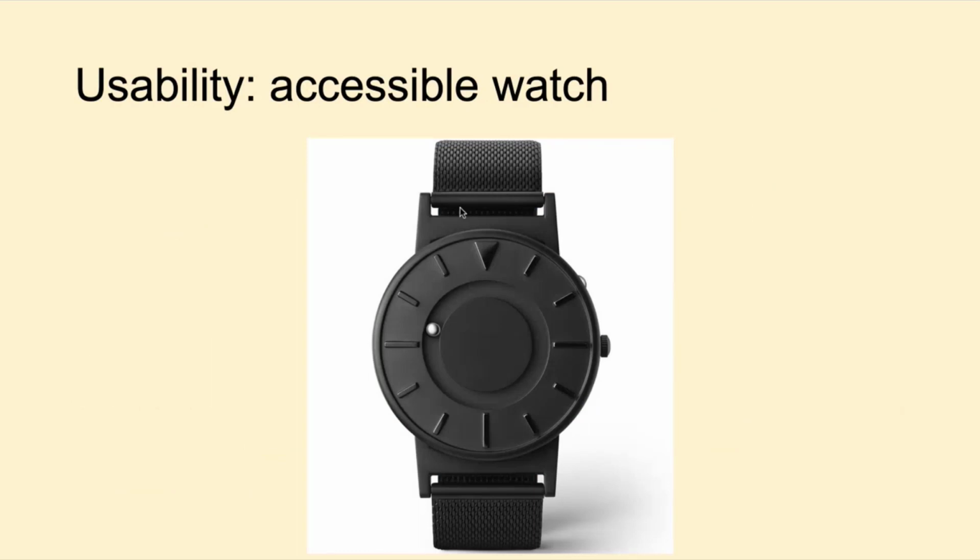A good example of usability, and one of the usability benefits of accessibility, is a watch, which I've now got on the screen, and it's a black watch with a circular dial, and on the outer area of the dial is some raised indices that mark the hours, and on a circular inner channel there is a silver ball bearing that tracks round and is effectively the hour hand.